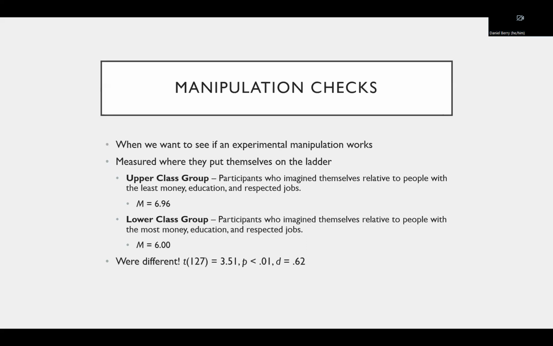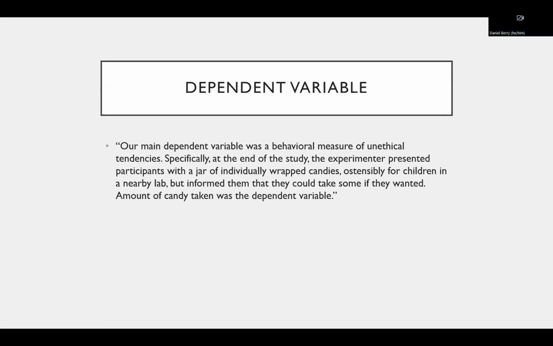Okay. You're probably seeing a bunch of numbers in front of you right now and going, oh gosh, are we going to have to do stuff like that? Yes, you are. The dependent variable in the study, this was done in person, and they measured how many candies participants took out of a jar after they were experimentally manipulated to be in one of these two groups.